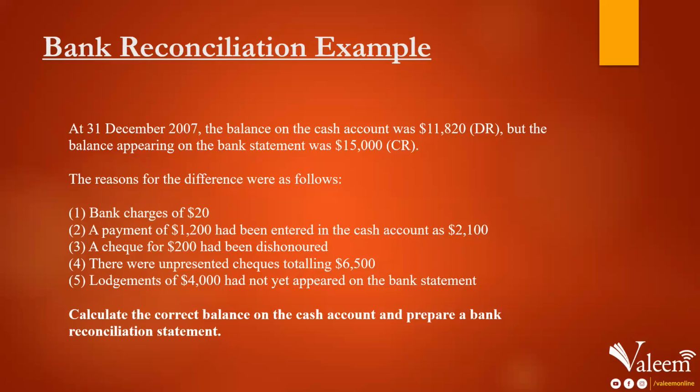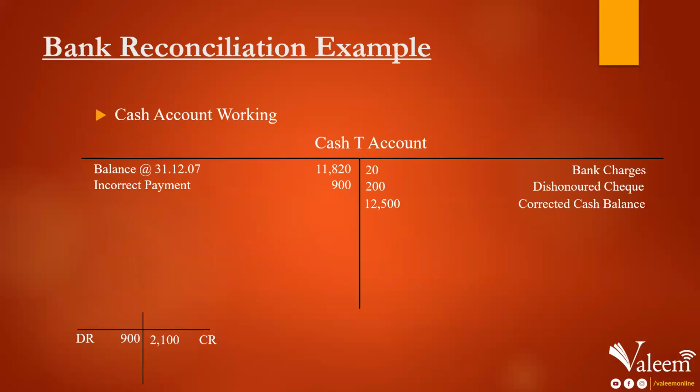So the first amount then is the bank charges of $20. If we start off with our cash book balance of 11,820, 11,820 was the balance at 31st of December 2007. A debit balance of 11,820.